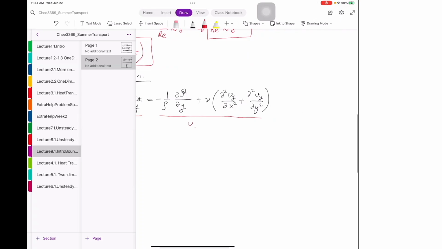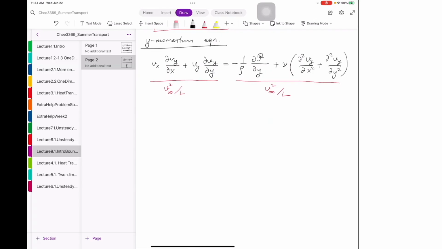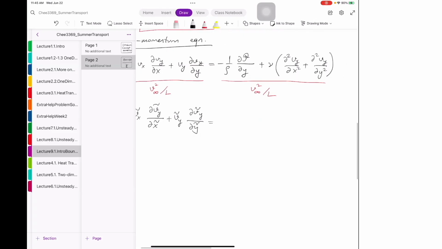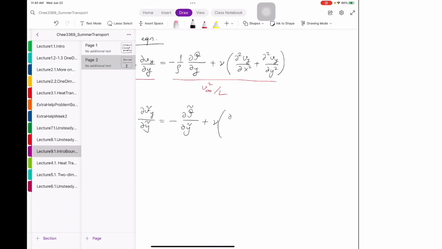Both sides, V infinity squared divided by L, and you get Vx tilde del Vy tilde over del x tilde plus Vy tilde del Vy tilde over del y tilde is equal to minus del p tilde over del y tilde plus nu times del square Vy tilde over del x tilde squared plus del square Vy tilde over del y tilde squared.